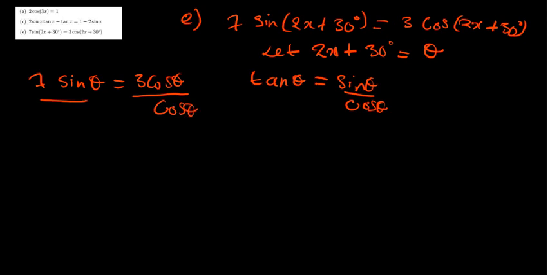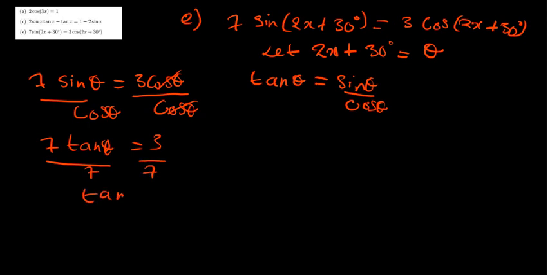Cos theta cancels out and I have 7 sine over cos, that is 7 tan theta, equal to 3. Then we divide by 7, so tan theta is equal to 3 over 7.